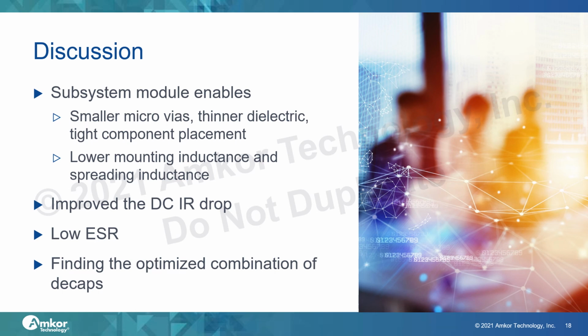Consequently, we suggest an optimum combination of decaps for cost savings and small form factor design. Once decap configuration is optimized, on-chip decoupling capacitor will only have a small impact on PDN.